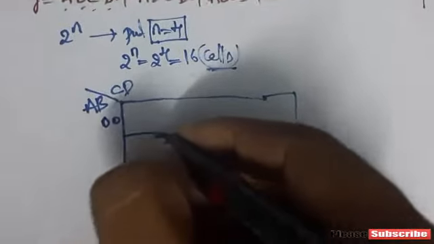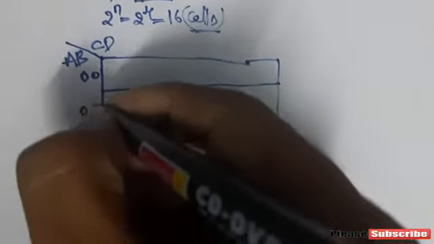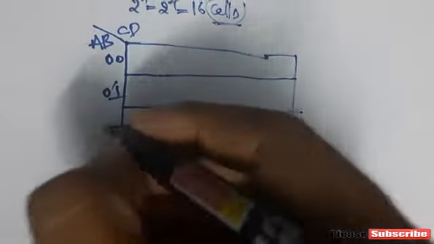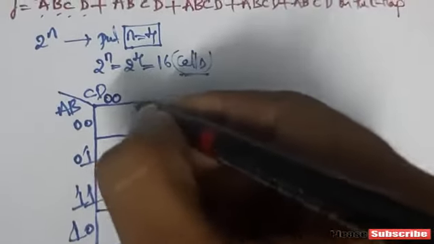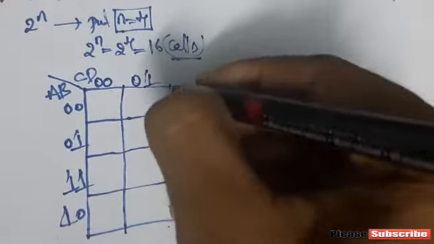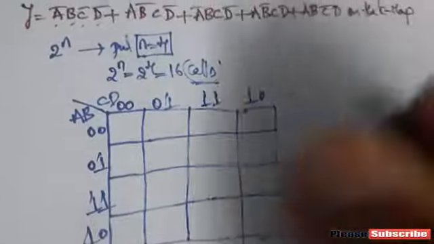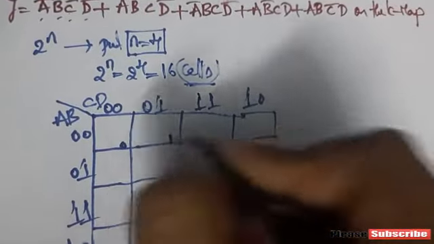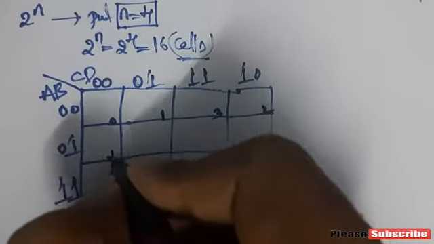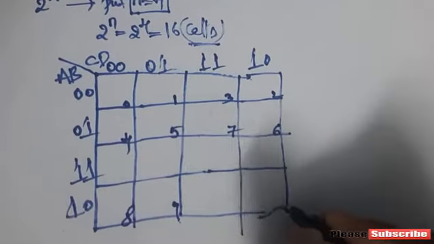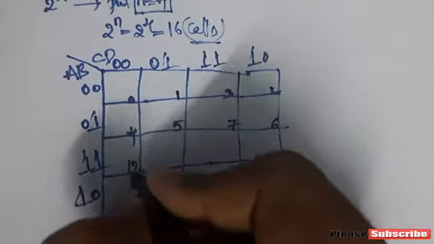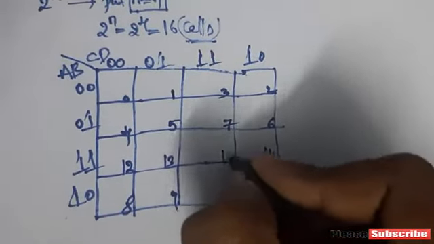The Gray code is 0 0, 0 1, 1 1, 1 0. Here also the same, 0 0, 0 1, 1 1, 1 0. The cells are numbered 0 1 2 3 4 5 6 7 8 9 10 11 12 13 14 15.